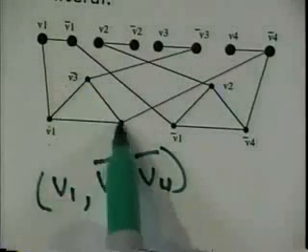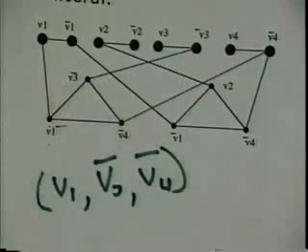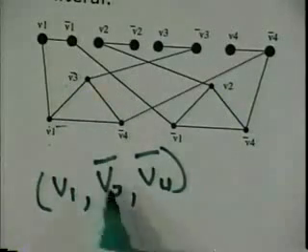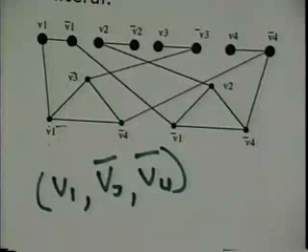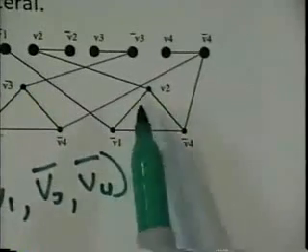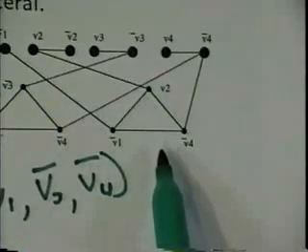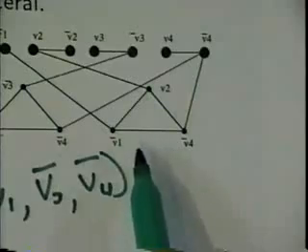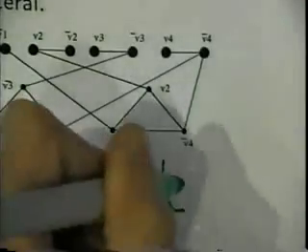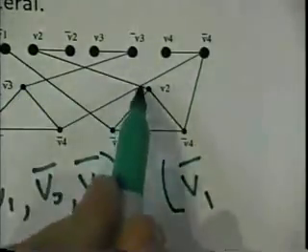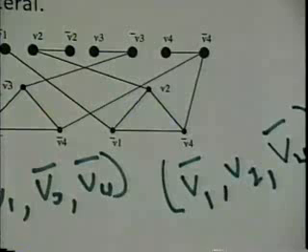I am going to construct a triangle, okay, which contains 3 vertices and 3 edges corresponding exactly to that clause. So what clause does this triangle correspond to? V1 prime, V2, V4 prime. Okay?